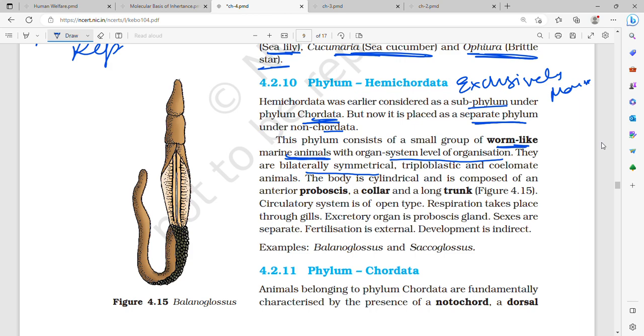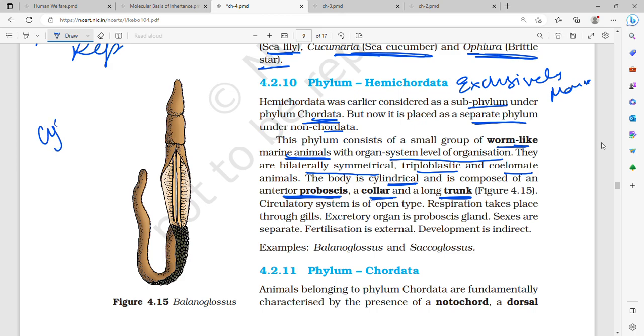They are bilaterally symmetrical, triploblastic, and coelomate animals. The body is cylindrical and is composed of an anterior proboscis, collar, and a long trunk.